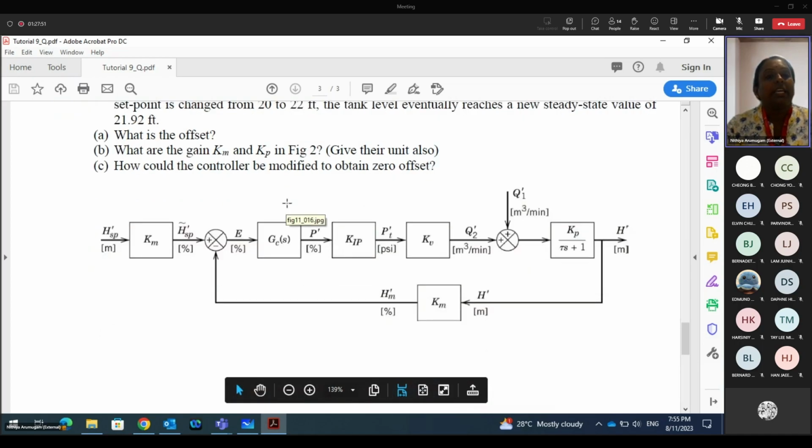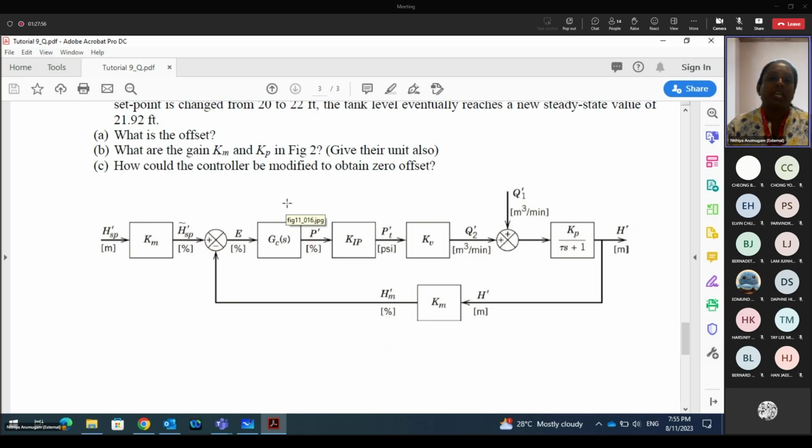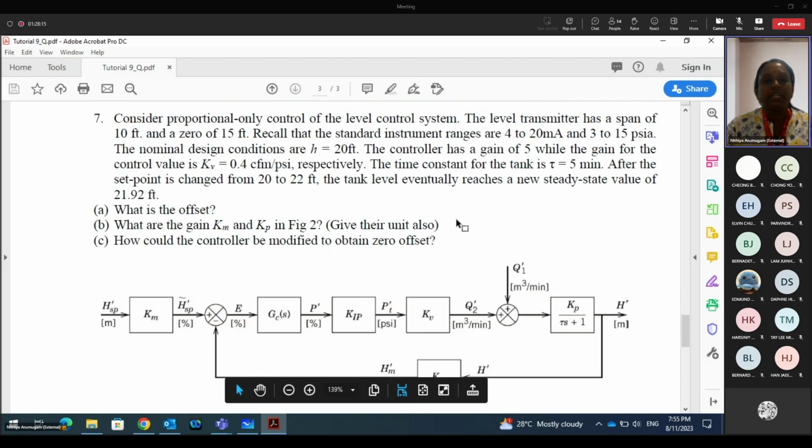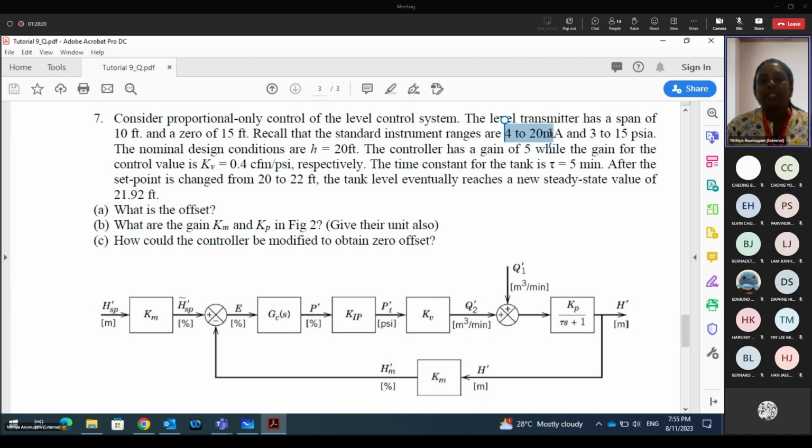Okay. What are the gains KM and KP in figure 2? In this figure, KM and KP. We need to find the value for KM and KP with their unit also. So if you notice here, for the KM, the range given for the transmitter is from 4 to 20.